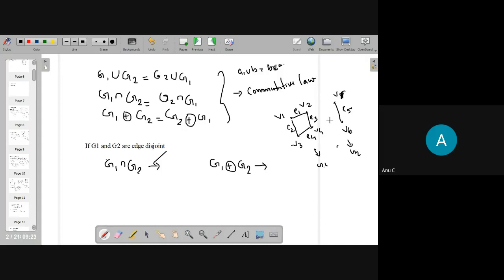Here G1 and G2 are edge disjoint, that means common edges ഇല്ല. Now common vertices ഏതാണ്?